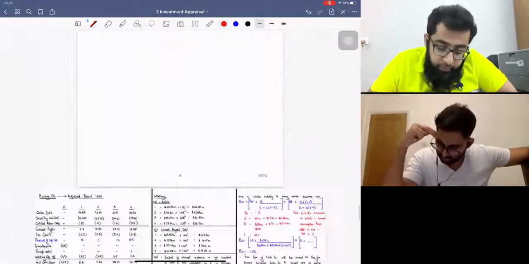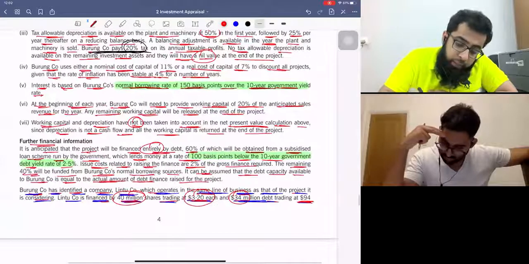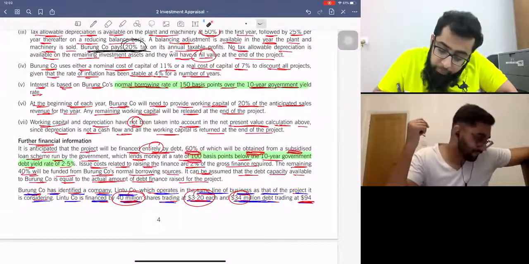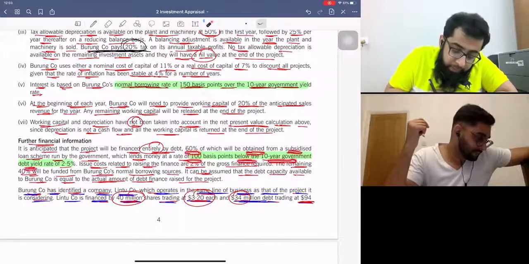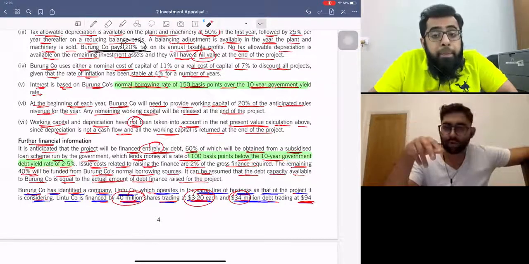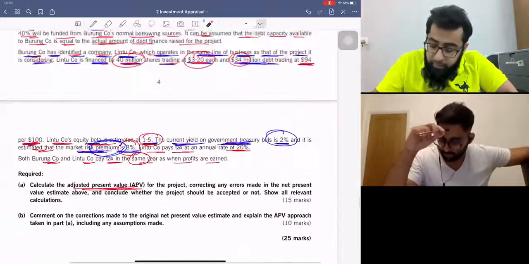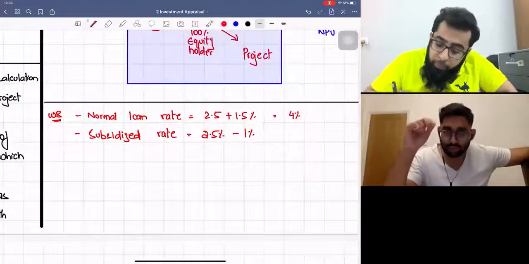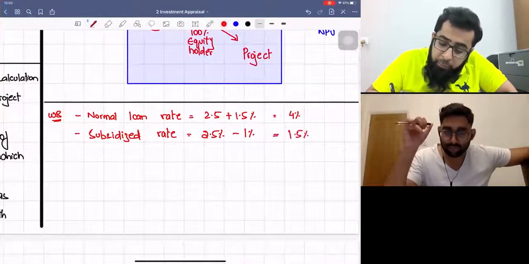If you look at it here, the subsidized loan is 60%, 100 basis points below the 10-year government rate. What did you do above then? You did 4 minus 1.5.